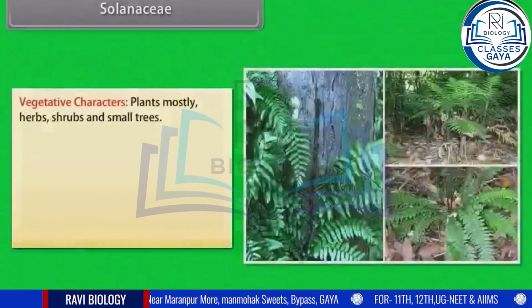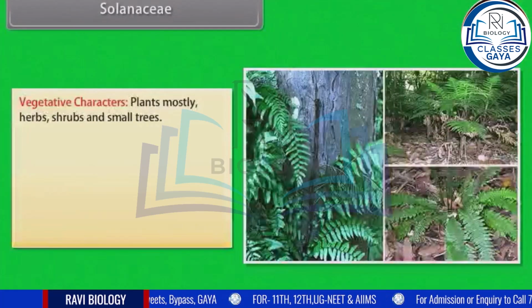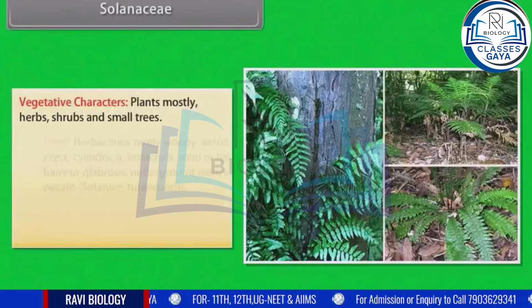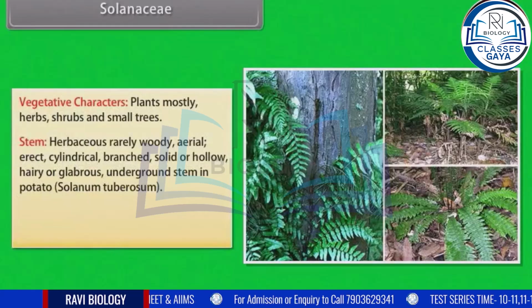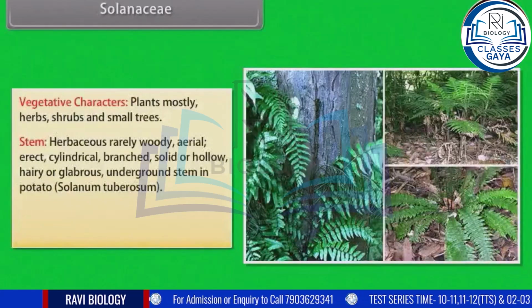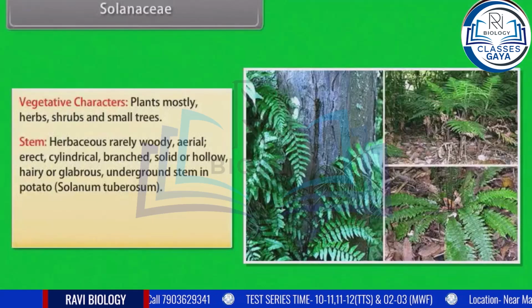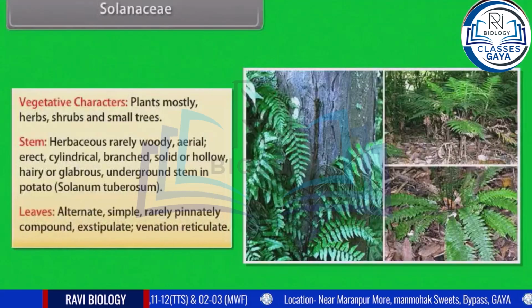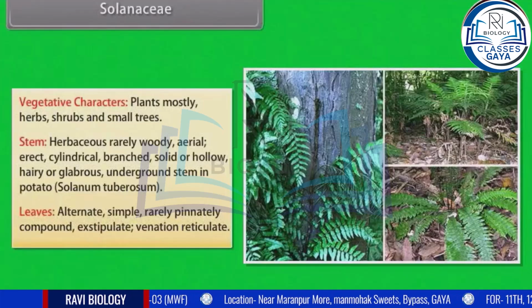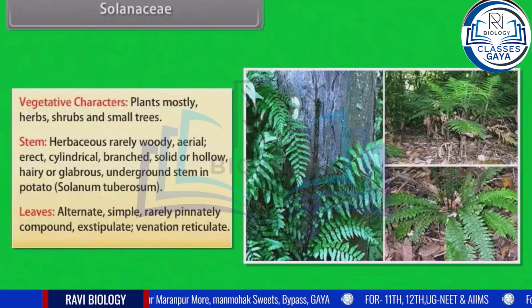Vegetative characters. Plants mostly herbs, shrubs, and small trees. Stem herbaceous, rarely woody, aerial, erect, cylindrical, branched, solid or hollow, hairy or glabrous, underground stem in potato, Solanum tuberosum.